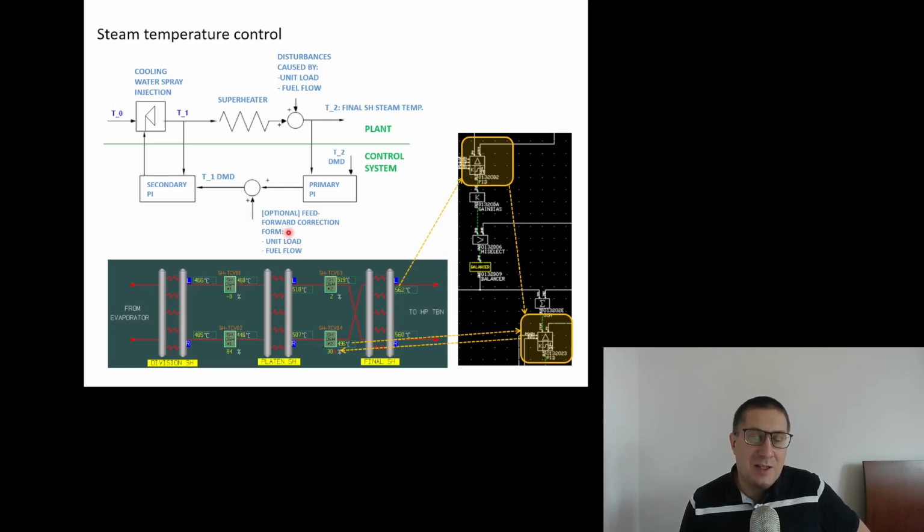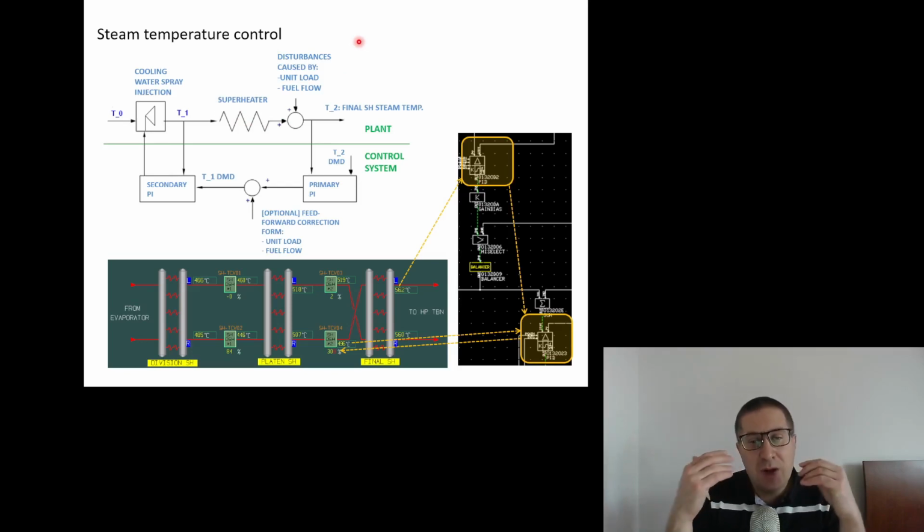If we know that there is a unit load change, if we know that in the next 15 minutes the unit load will change from 180 to 200 megawatts, we can assume that we will produce more hot steam, right? So the temperature T1 will increase, and after a minute T2 will also increase.